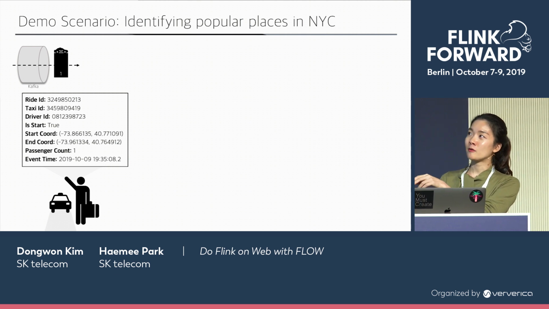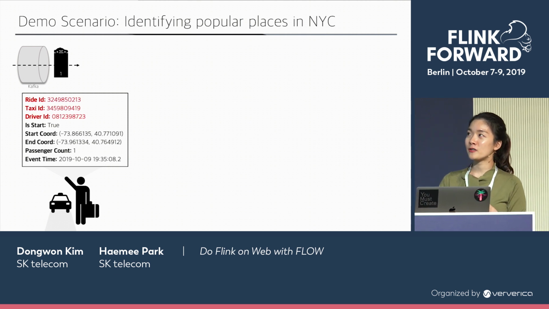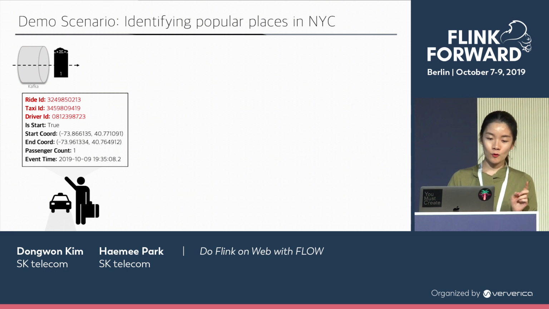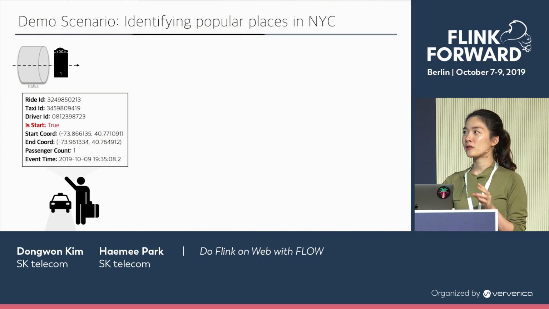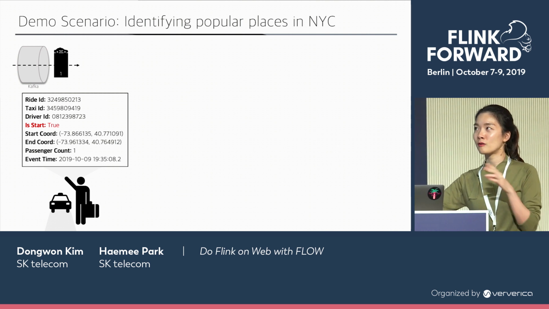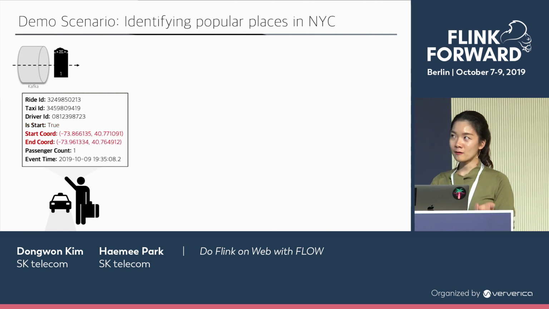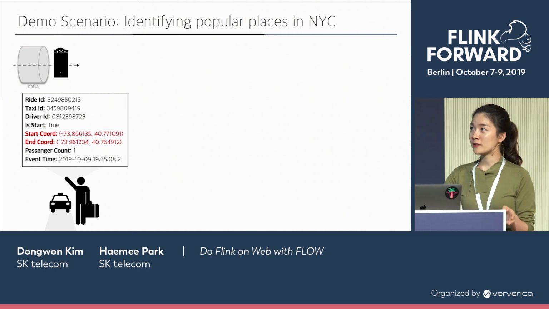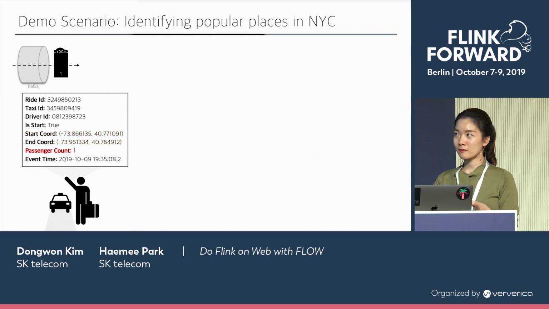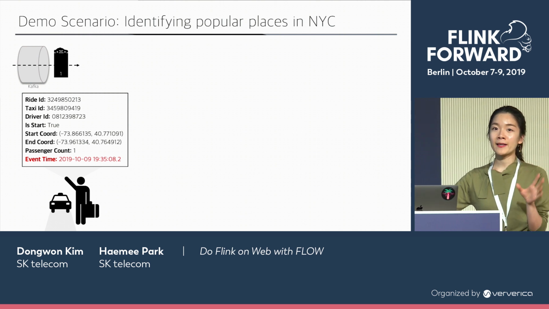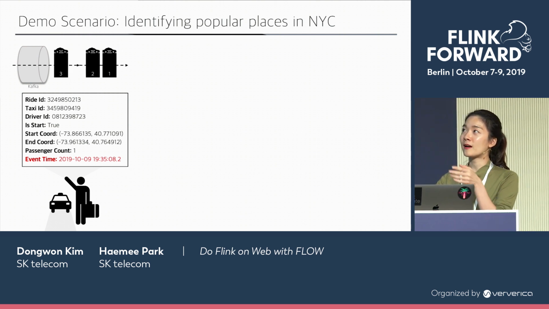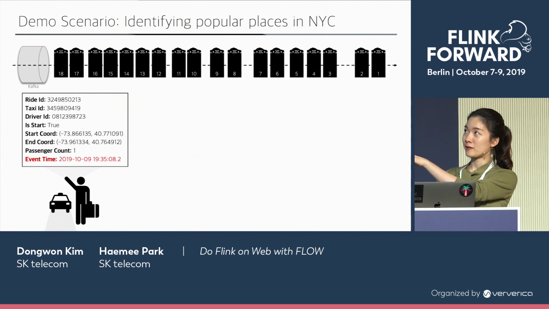Each record is comprised of 3 IDs and 1 Boolean flag, which indicates whether this record was generated from a pickup or drop-off event, a pair of geographic coordinates, passenger count, and of course, event time. Whenever one event happens, one record is added on our Kafka stream.